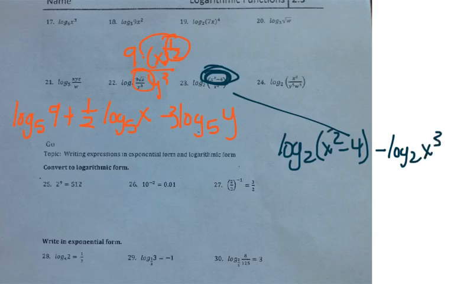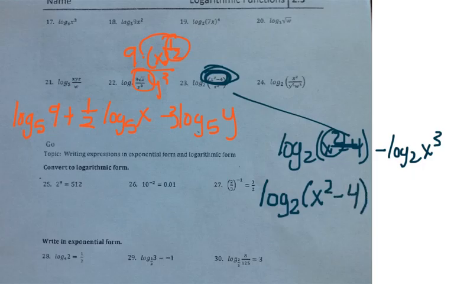Now this x squared can't come down because you've got that whole minus 4, so you just rewrite this one. Log base 2 of x squared minus 4 minus 3, because the 3 comes down, times log base 2 of x.